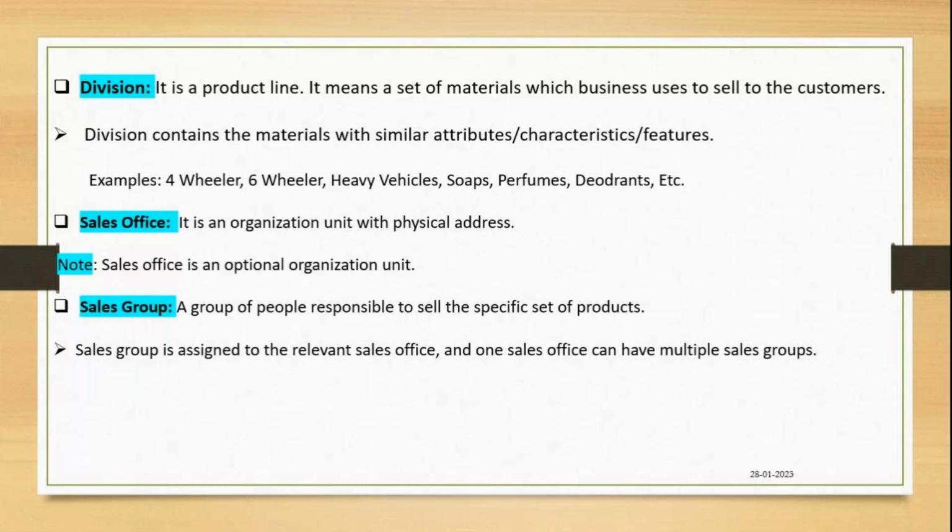Again, in home appliances, some executives are related to refrigerators, some to televisions, some to washing machines. So in one sales office you may have different sales groups, and each sales group has different sales employees. So the total business we are structuring is nothing but an enterprise structure. Enterprise is nothing but a business symbol. We take the business, all the things in it, and put them into a structure in order to do the transactions.